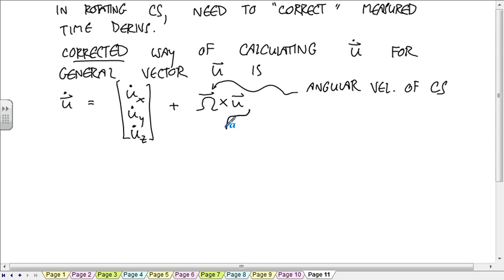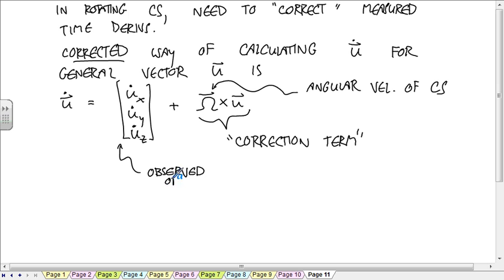And all of this together you can think of as the correction term. This is the observed or apparent time derivative in the rotating coordinate system.